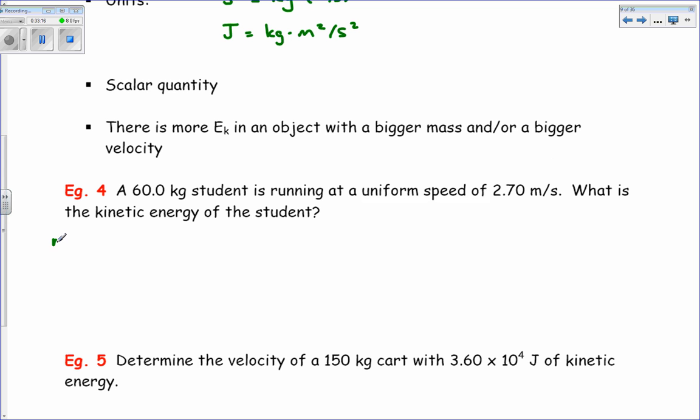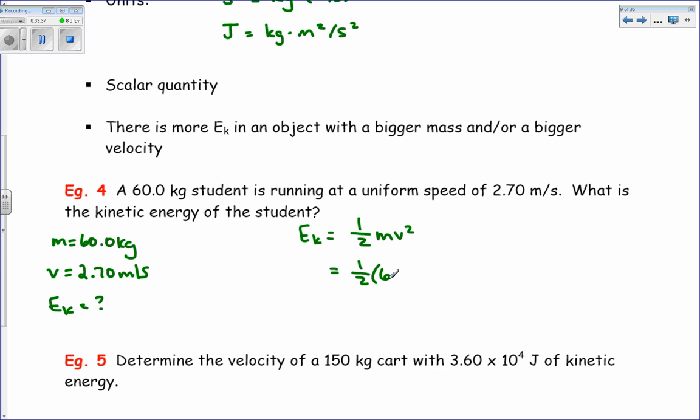We have a 60 kilogram student is running at a uniform speed of 2.70 meters per second. We want to find what the student's kinetic energy is. So EK equals 1/2 mv squared, which is 1/2 times 60 kilograms times 2.70 meters per second squared.